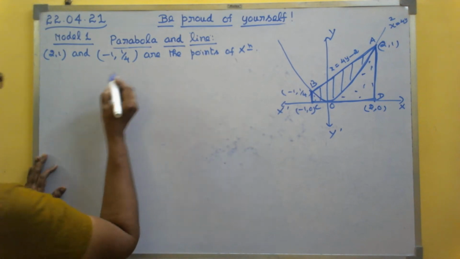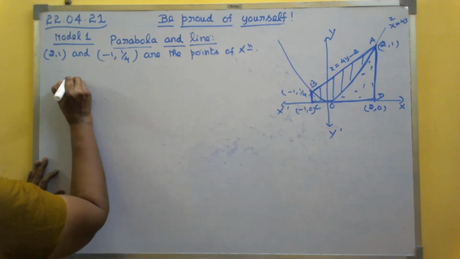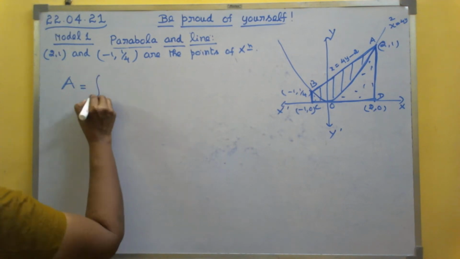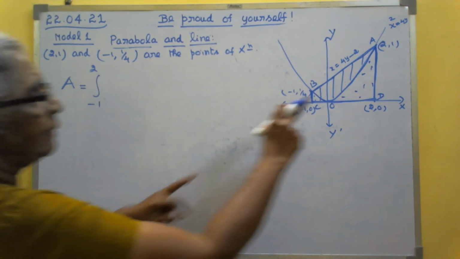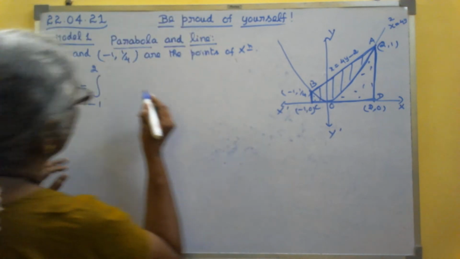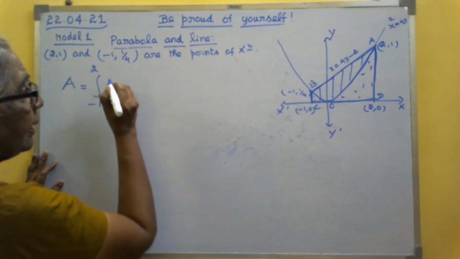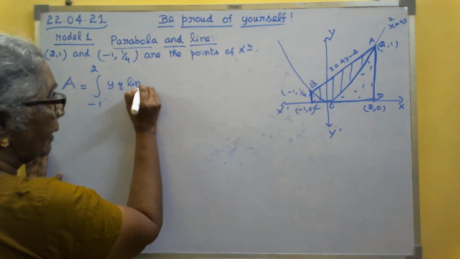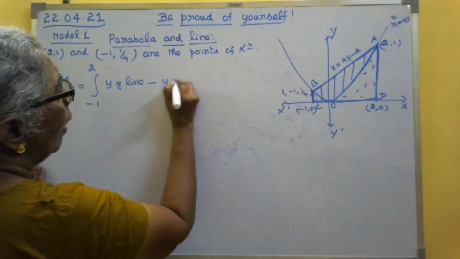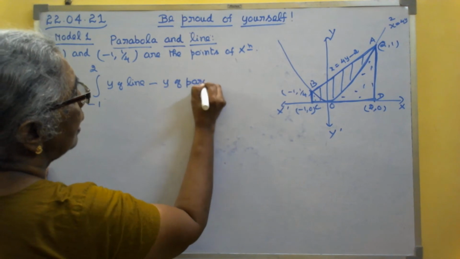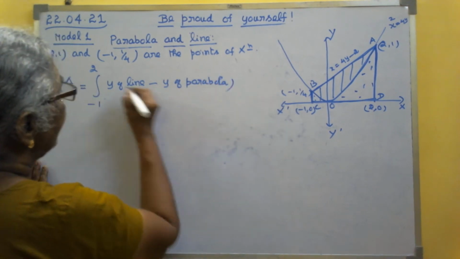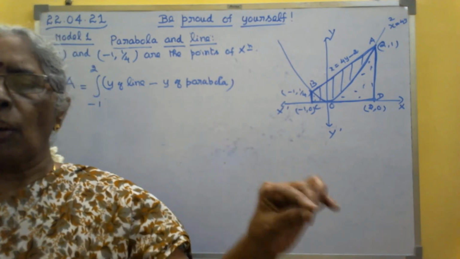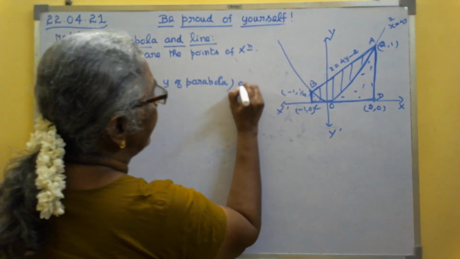So now I can write the area required, that is the area of the shaded portion. That will be, I can write minus 1 to 2, that is the limit, correct? Minus 1 to 2. It is y of line minus y of parabola, that is, area bounded by the line minus area bounded by the parabola, dx.